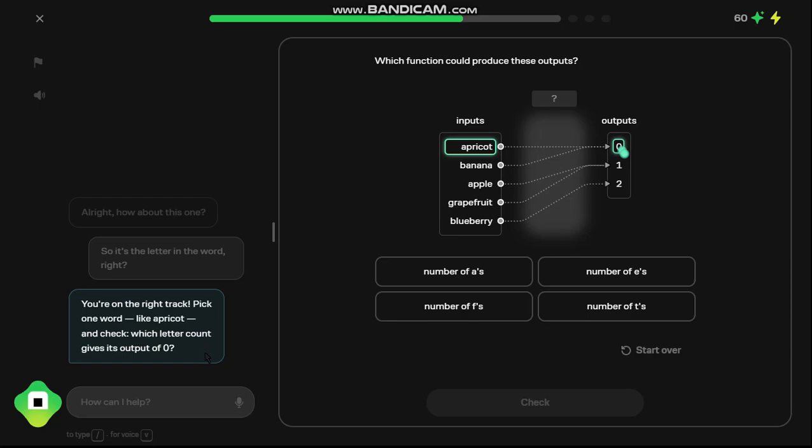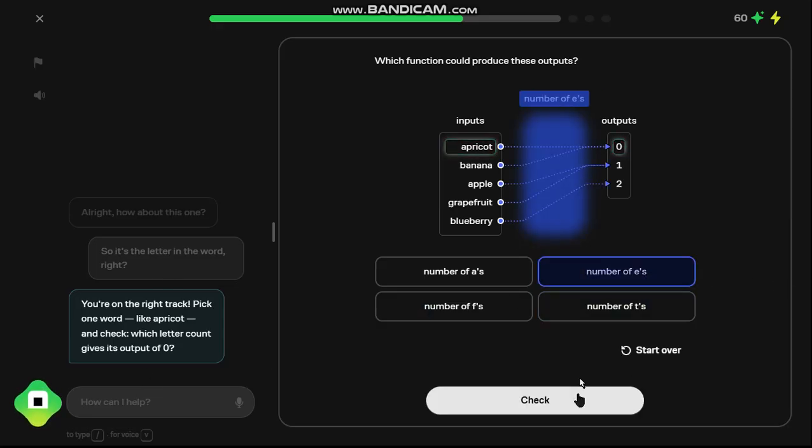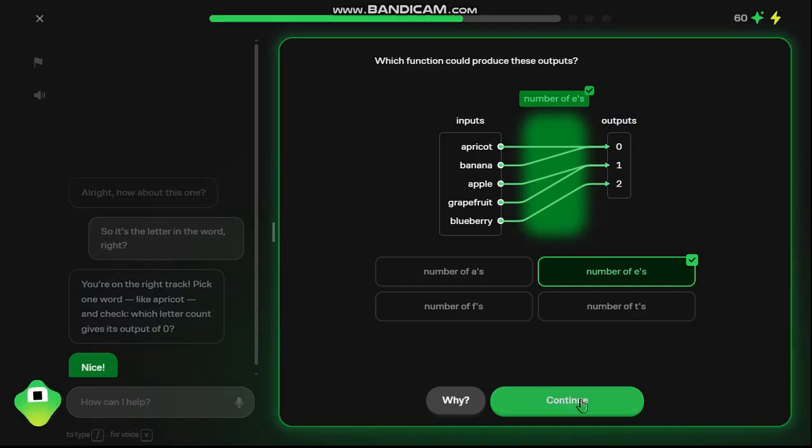Pick one word, like apricot, and check. Which letter count gives its output of 0? So I think it's E because apple and banana have E, apple has one E, and grapefruit and blueberry have E. So it is the letter in the word. So I think it's E. Nice.